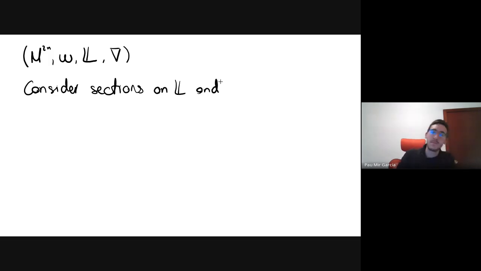And so we will have to impose some special condition to consider only a subset of this very big space of sections on L, which are complex sections.